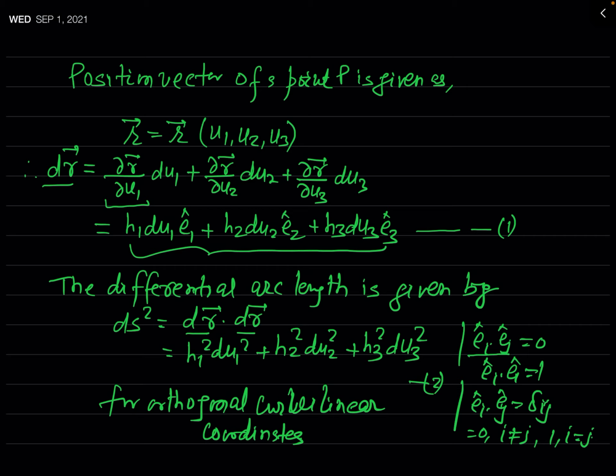But if we consider the general curvilinear coordinate system, where the system need not be orthogonal, then what will be ds square? We will find it.